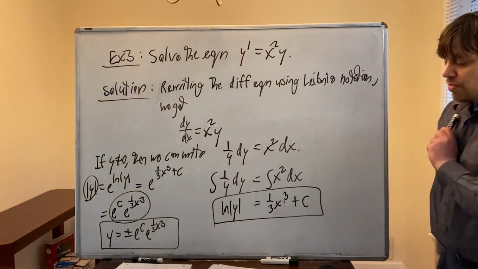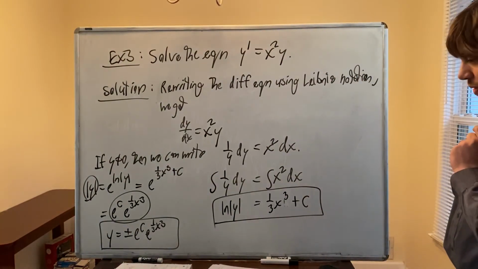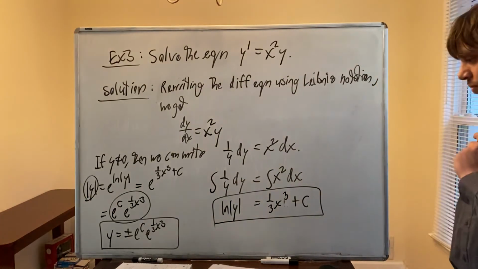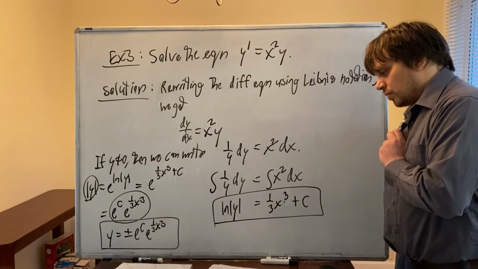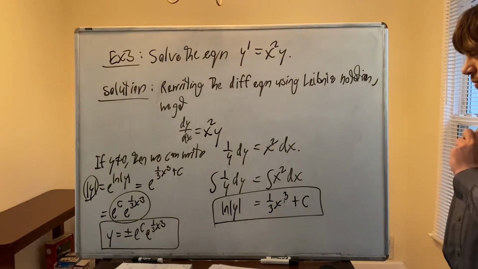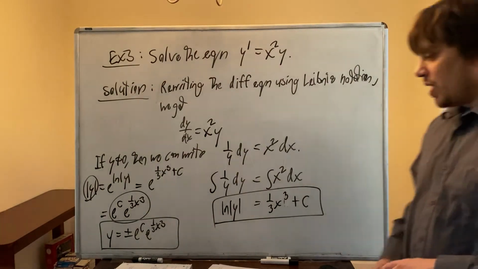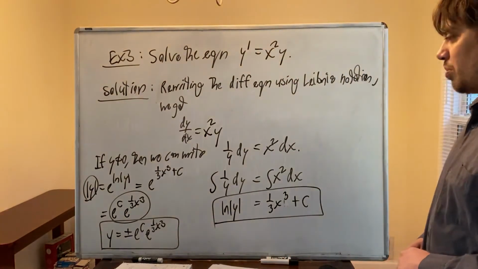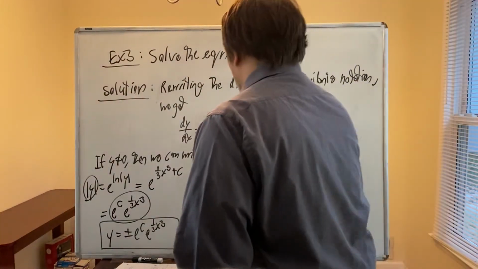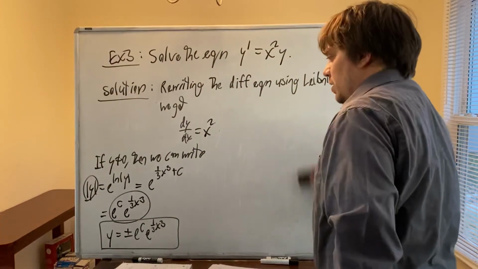And so y is equal to plus or minus e to the c times e to the 1/3 x cubed. Okay, so now we've solved for y explicitly in terms of x. Now we have that solution there.